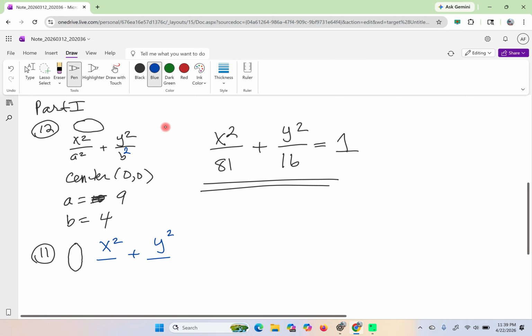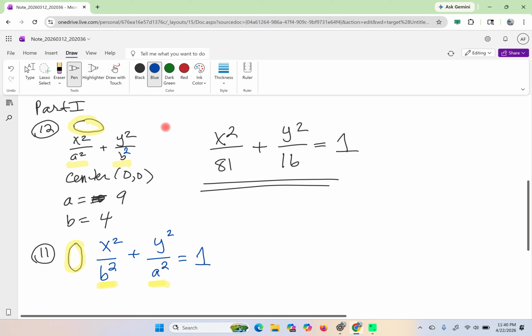So when it's a vertical ellipse, then the x squared is going to be over b squared, and the y squared is going to be over a squared. That's what changes whenever we go from a horizontal to a vertical ellipse, is that the denominators swap places. It is still equal to 1.